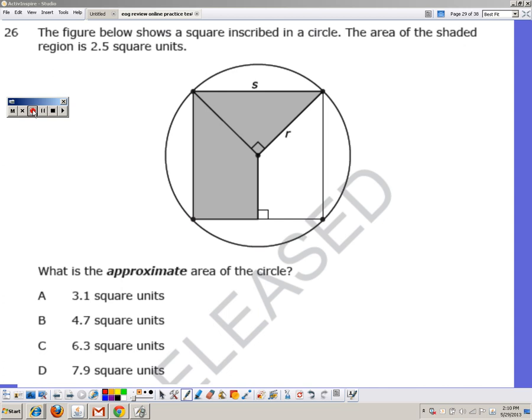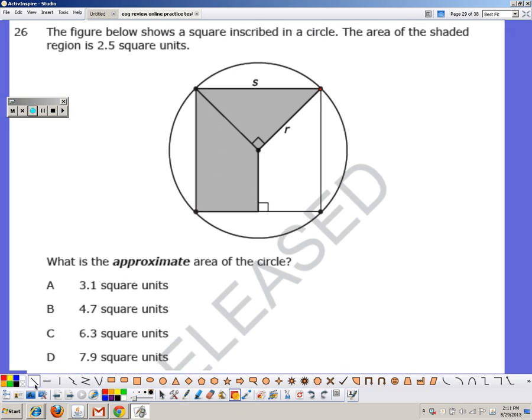So what we're going to do is divide this into equal pieces all the way around. We're going to take the radius here and we're going to extend it from here all the way through. Same thing with this radius all the way through.